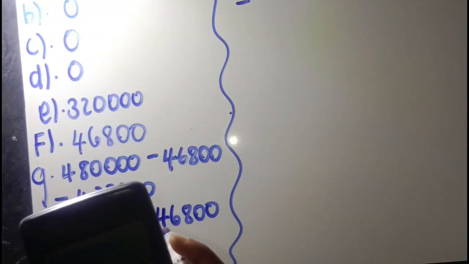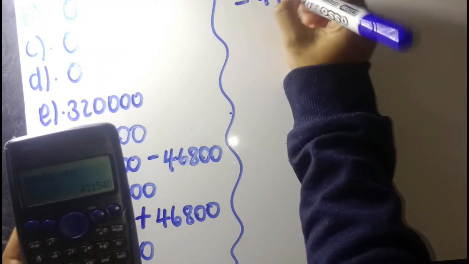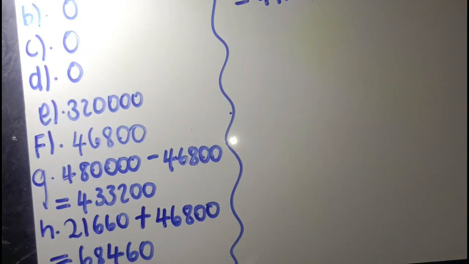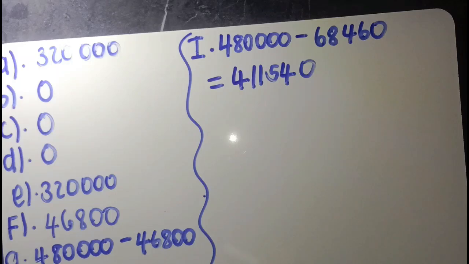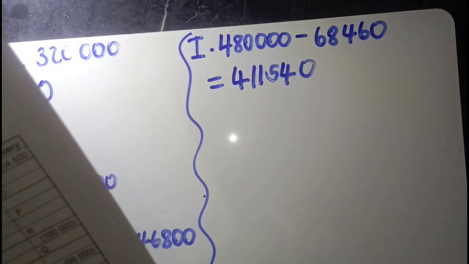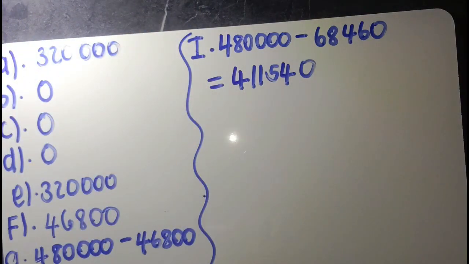You're gonna say 480,000 minus answer, and you have 411,540. Yes, that's your I. So your I is 411,540. Now we're going to be moving to vehicles, right? Let me erase and put them in order, so that we have this side for vehicles.